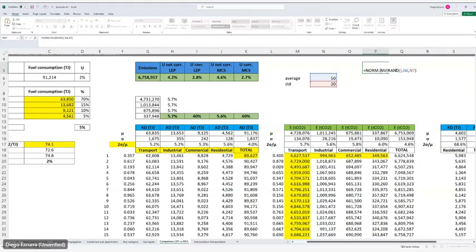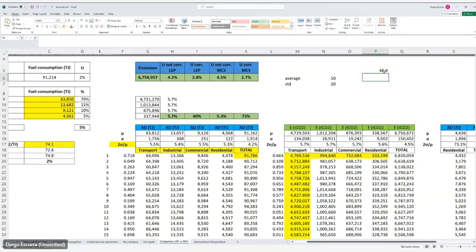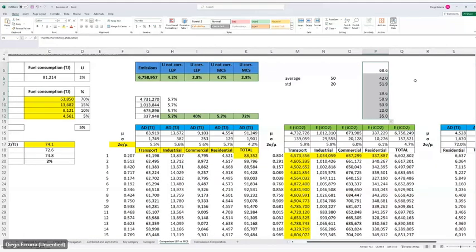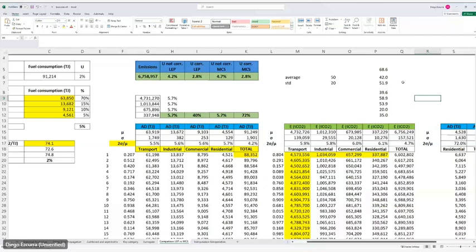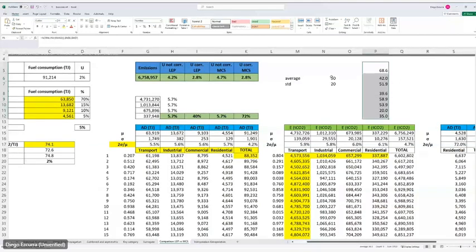And let me just fix these cells so I can extend this. If I extend this formula until there, what I will have is just a simulation of this parameter.